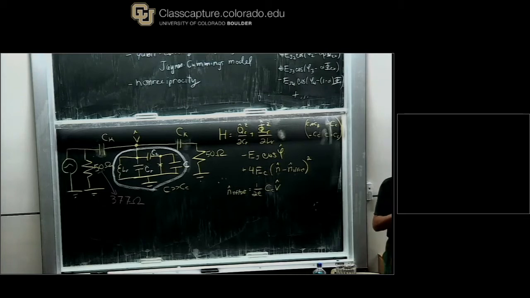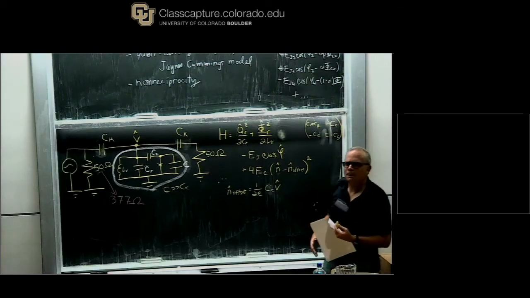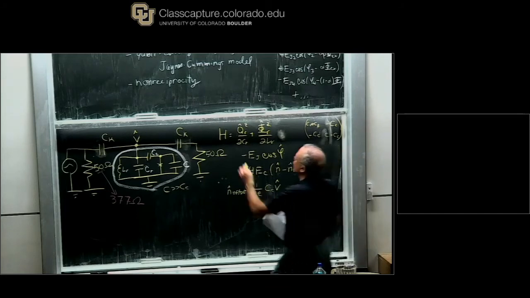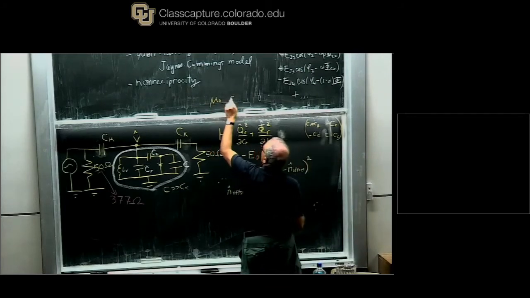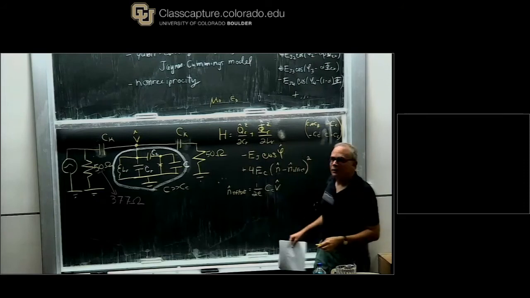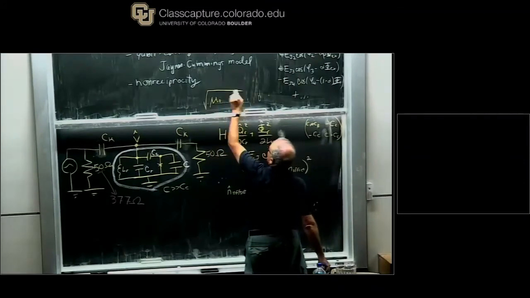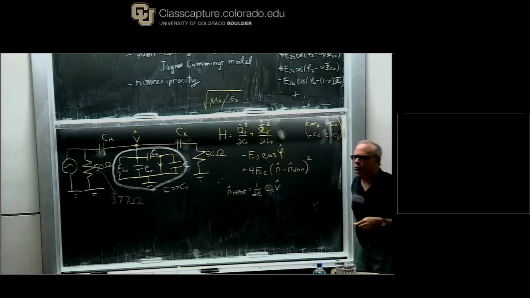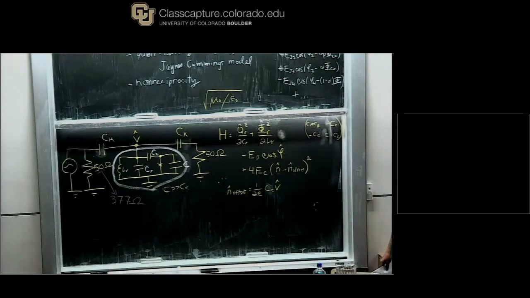Okay, if you've forgotten that, how many people know what the fundamental constants are that give you 377 ohms? Okay, mu naught, epsilon naught. What do I do with them? Very good, that's indeed it. Square root, I believe, right? So that's ohms, and that's 377 point blah blah ohms, a fundamental constant of nature.